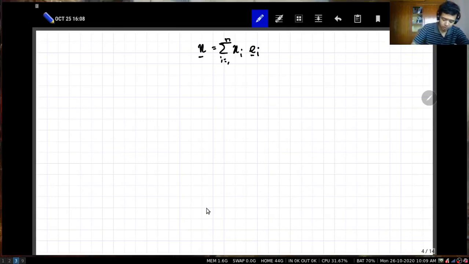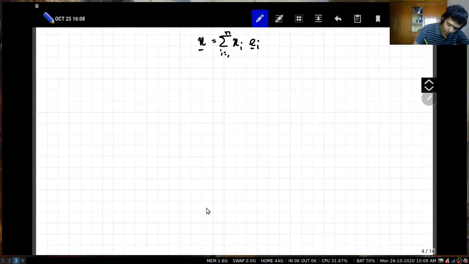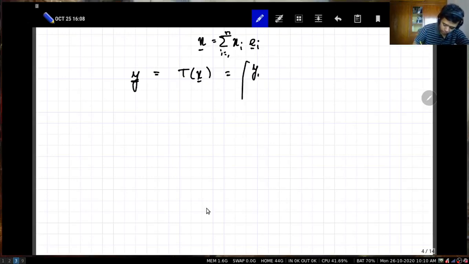If the linear transformation T operates on x, let's suppose that this is our vector y, with entries y1, y2 up to yn.